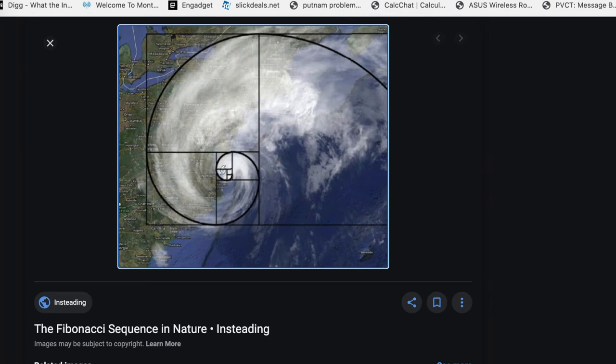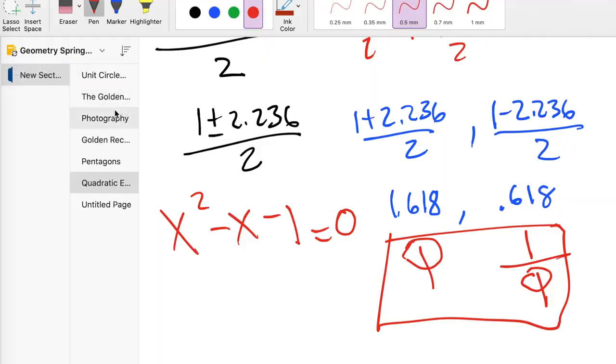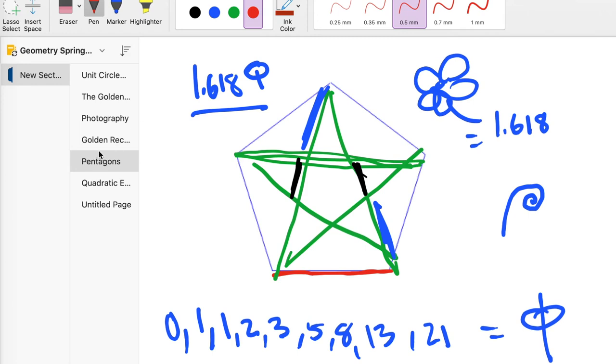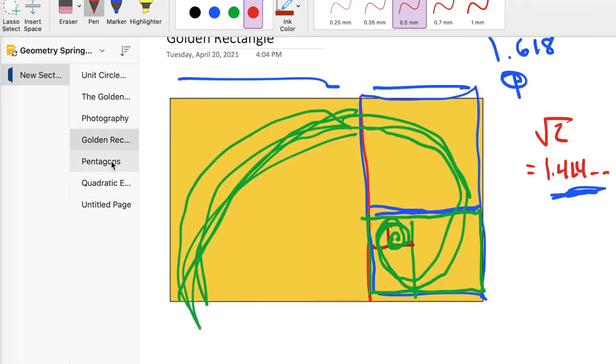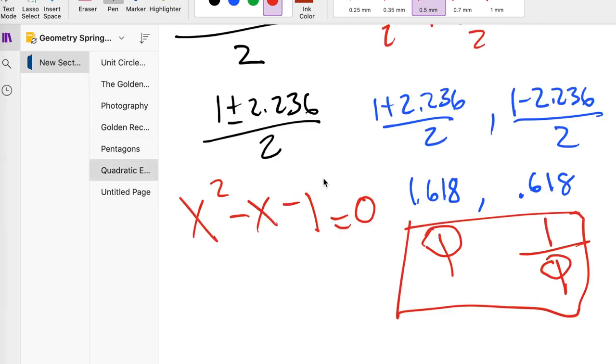The proportions of many things we see in nature, it creates balance, it creates efficiency, as well as in photography, as well as in pentagons and rectangles. So we do see that number in different places, and it's amazing that we can solve and manipulate using algebra and plug in for x to find an answer for those proportions.